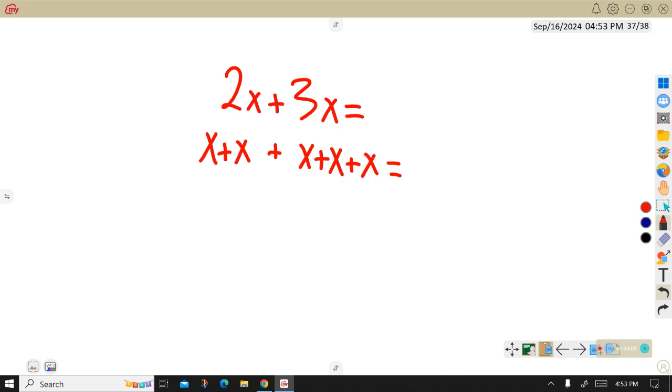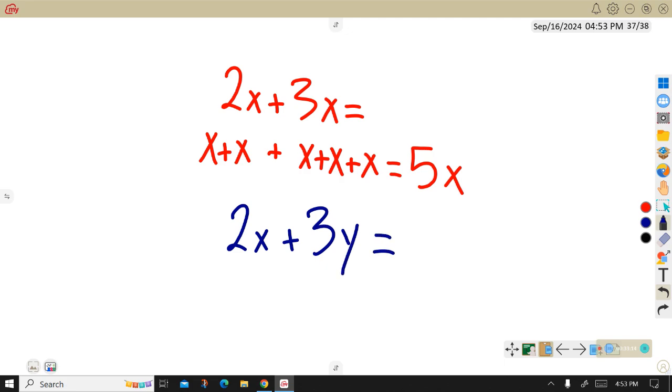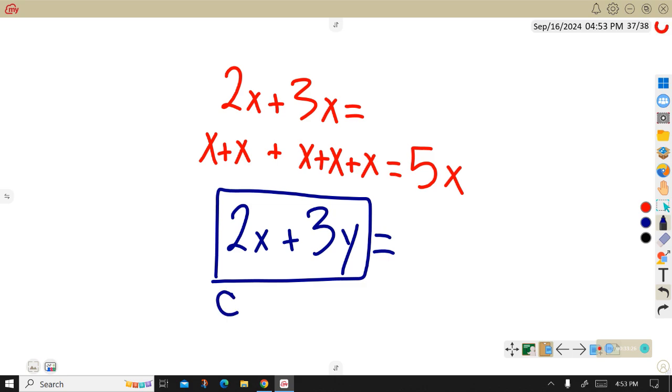So how many x's do we have? We have 5 of them. Okay? But we can't get that confused with 2x plus 3y. Okay? This cannot be simplified anymore. Okay? This is already simplified as much as possible. Okay? So I'm just going to write cannot be simplified.